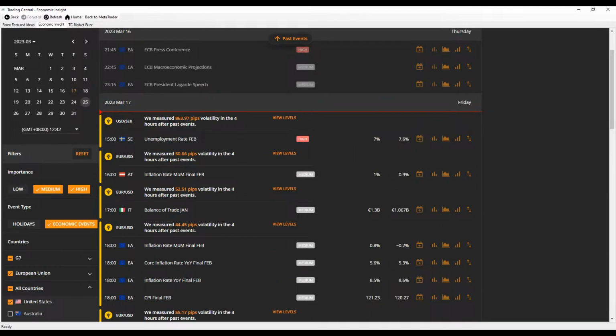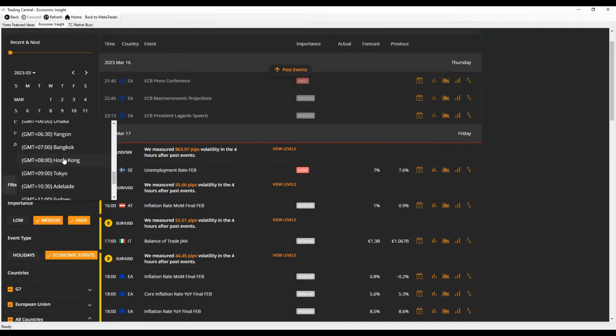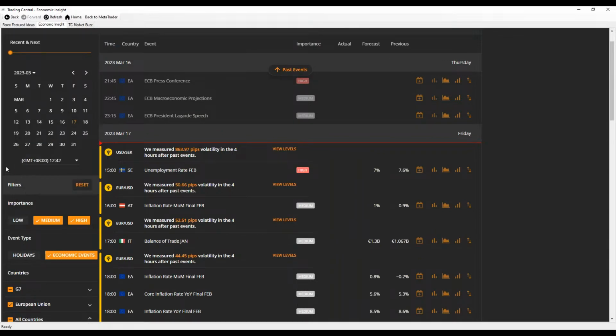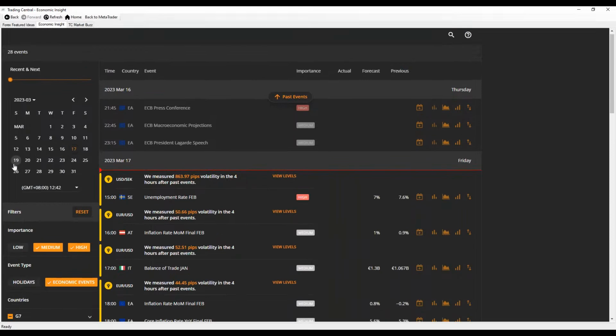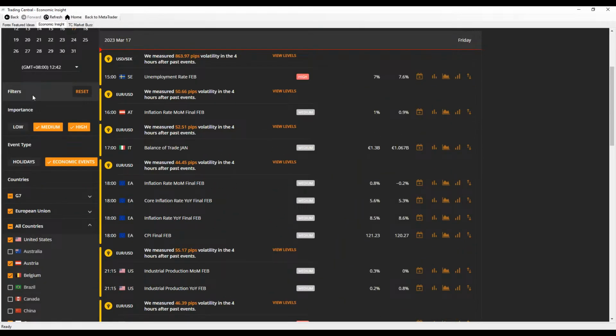Of course, you are able to change the time zone here. What we have here is GMT+8 in Singapore. You are also able to set filters according to the importance level of events that you want to look at. What I have selected here is events of medium to high importance.